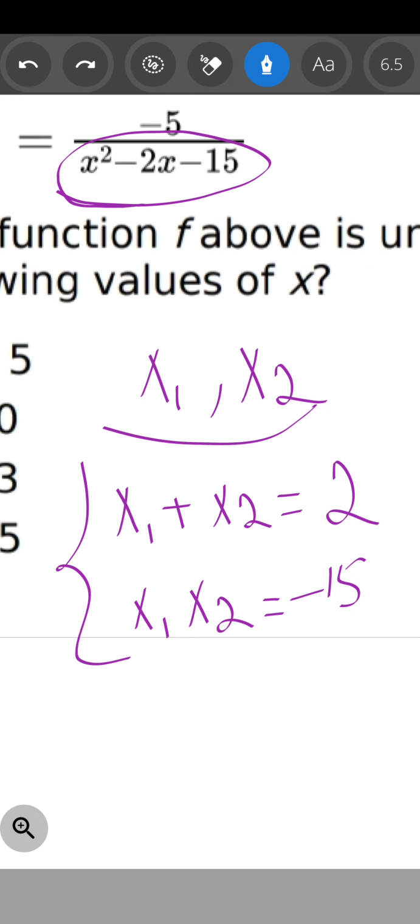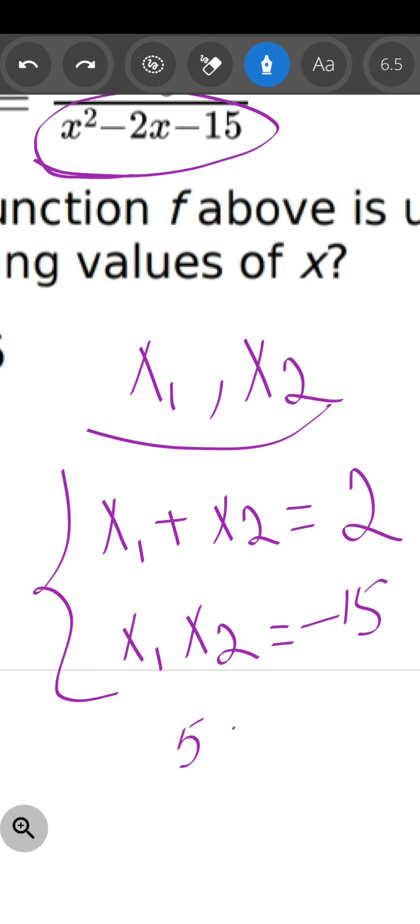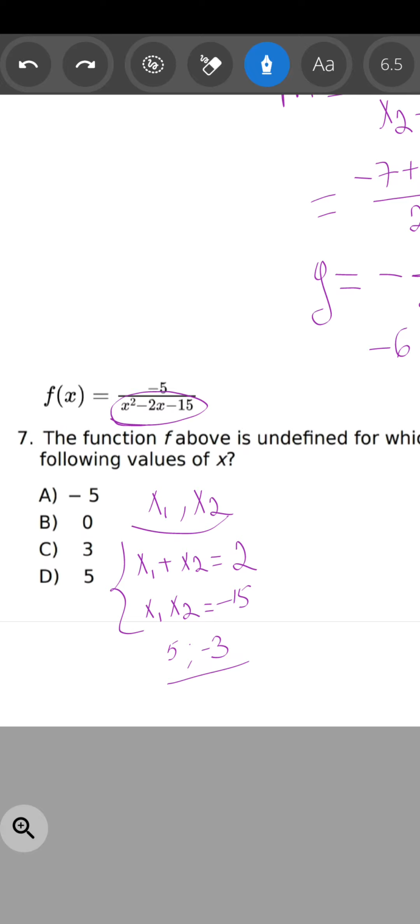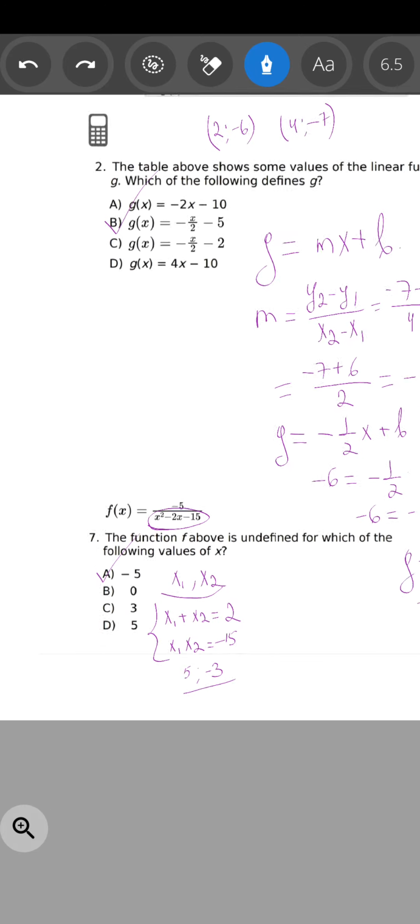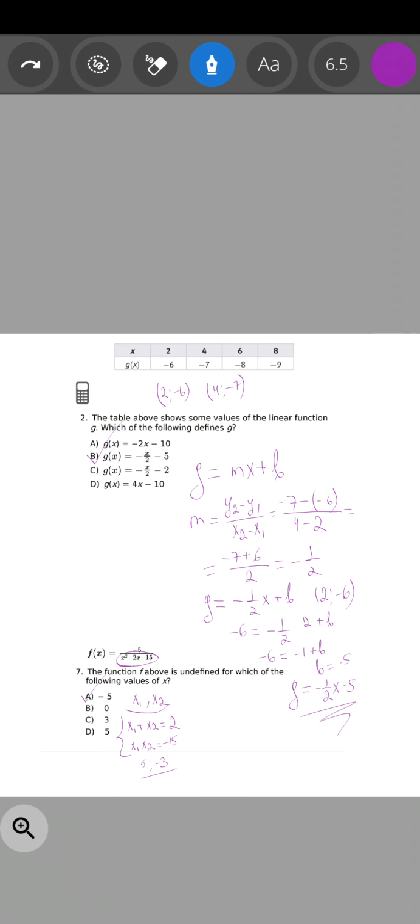So we get that the roots will be 5 and -3. And if x equals -5, then the function f will be undefined. Let's continue.